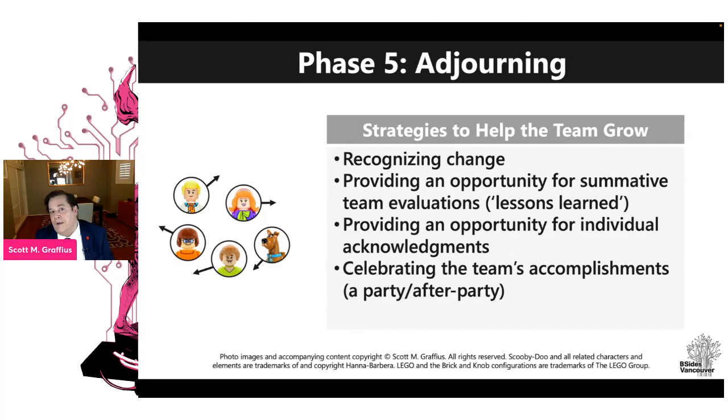And the reason for that, according to the research, is that it is reinforcing to everyone, including those who weren't even involved in the project, how the company really appreciates the hard work and diligence and value that teams of this type bring to the organization.